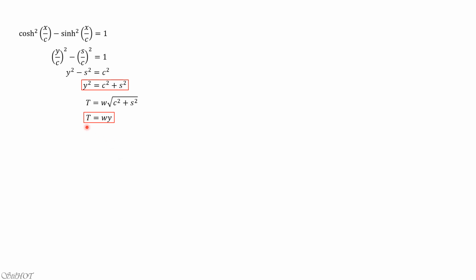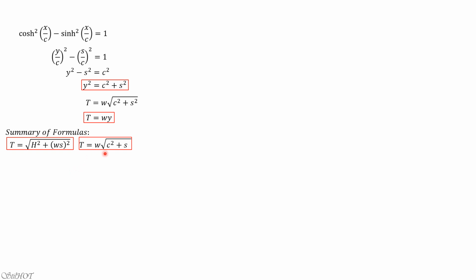Which is easy to remember because it's just the product of the uniform weight of the cable and its vertical distance from the x-axis. So let's summarize the formulas for catenaries. So we have tension equals square root of H squared plus quantity WS squared, which can be at any point, or simply replacing H by WC.